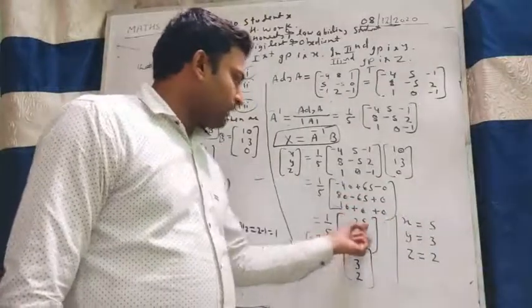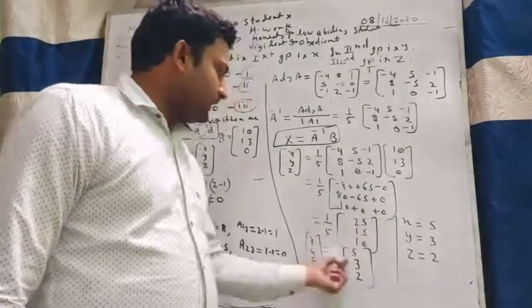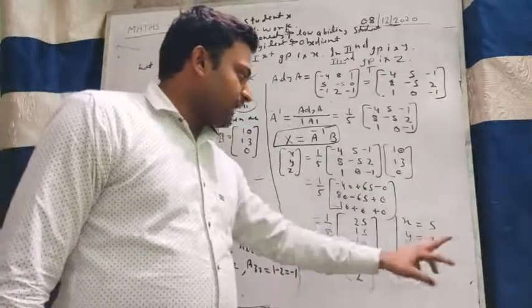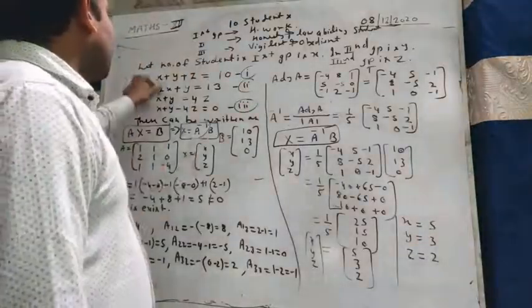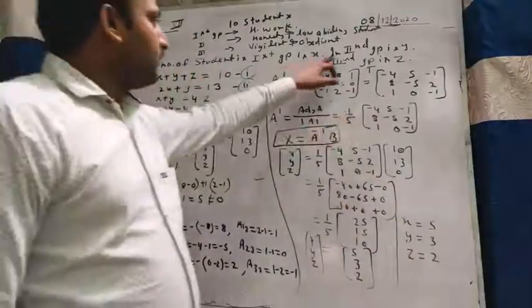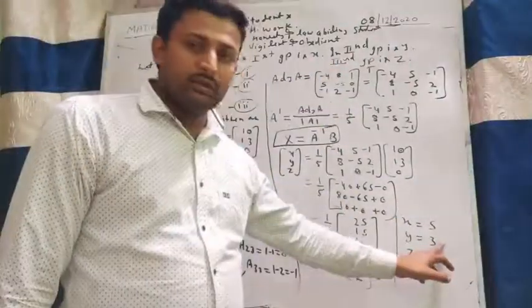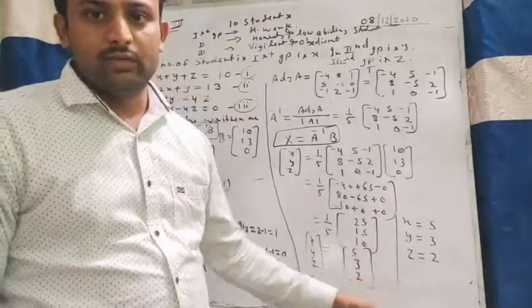So 1 by 5 times 25, 15, 10. Now dividing this, we get X, Y, Z: X is 5, Y is 3, Z is 2. It means that the number of students in first group is 5, which are awarded, the number of students in second group is 3, which are awarded, and the number of students in third group is 2, which are awarded.